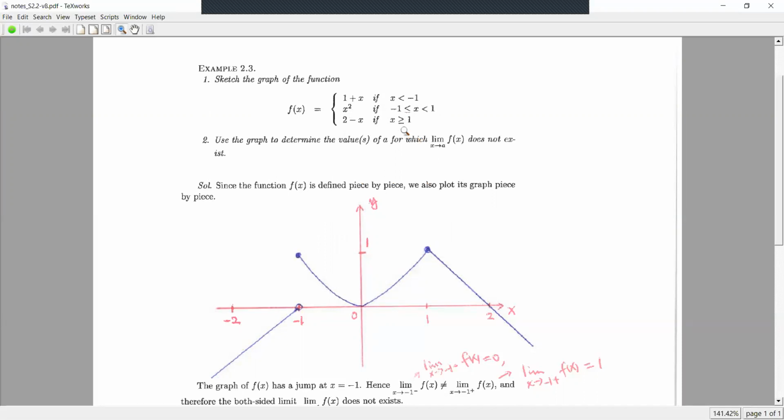Now, the third piece. When x is greater than or equal to 1, the function is 2 minus x. The graph is a line with slope -1. x can be 1, so I put a solid point here. This is the graph of this piecewise defined function.